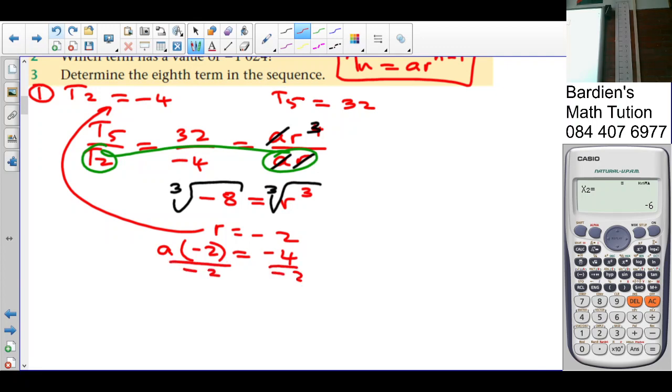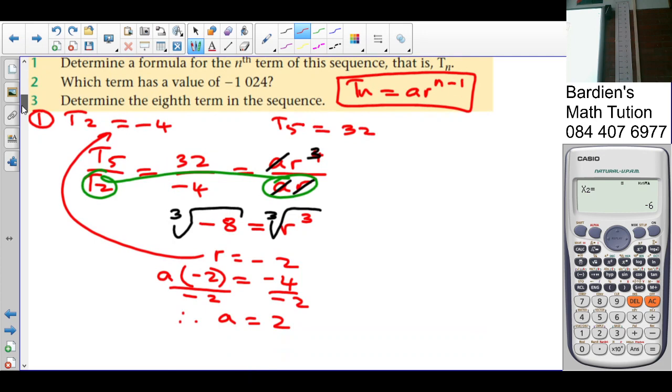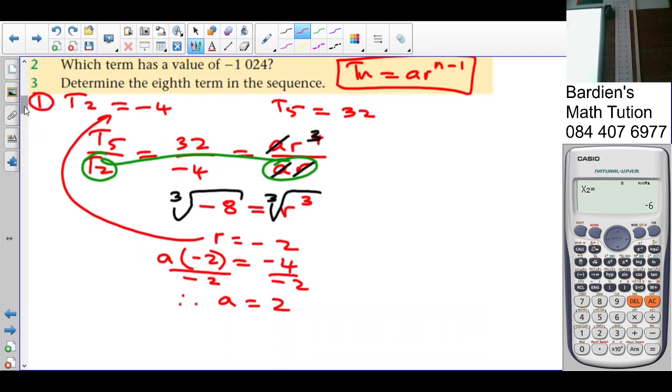So x minus 6, 2x minus 6, 5x plus 3 are the first 3 terms of a geometric sequence. The question says solve for x, showing all the necessary calculations. So where do we start? We start off by saying the ratio T3 over T2 must be equal to T2 over T1.